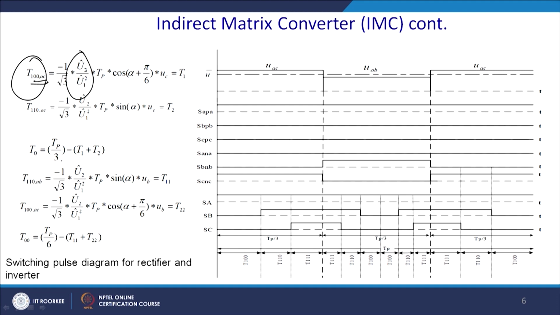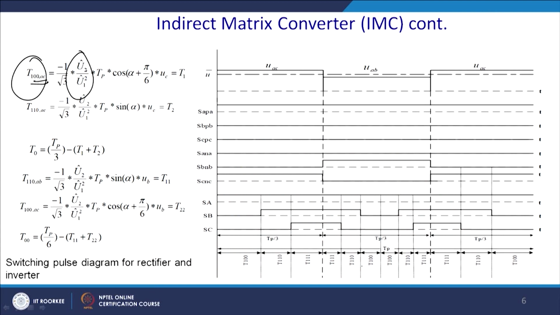First, of course, you start with the voltage vector 110, thereafter 100, thereafter you apply the null vector T0, that is 111, then again 111, then 110, then 100, then 110, then again 111.